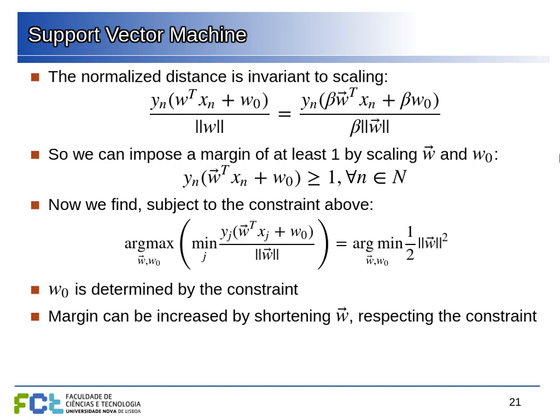So we can arbitrarily change the value of this pseudo margin, the expression in the numerator, by scaling the size of the vector and the W0 in order to guarantee that it is at least 1. So even if it's a very small value, we just increase the size of the vector and it becomes 1. So we can impose this constraint. This part on the top will be at least 1.